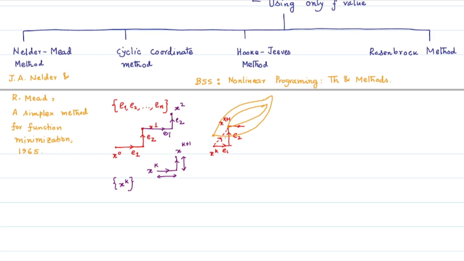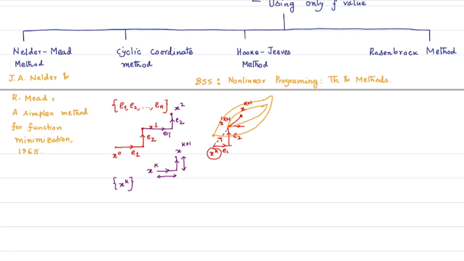So in the Hooke and Jeeves method, starting from the current iterate xk, we explore the directions of all the axes. That is, we explore all the directions e1, e2 till en of the n-dimensional Euclidean space. Then reaching the point xk plus 1, we consider the direction xk plus 1 minus xk, and along this direction we consider a step length of some amount. Then we reach the next iterative point. We denote this point as xk plus 1 dash.